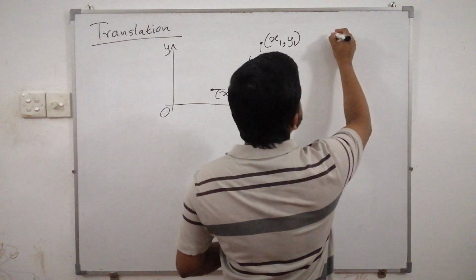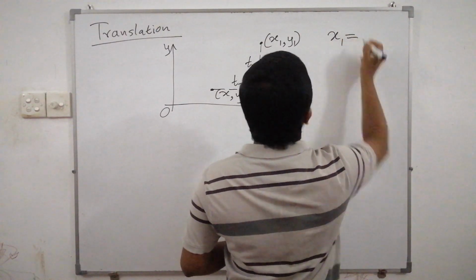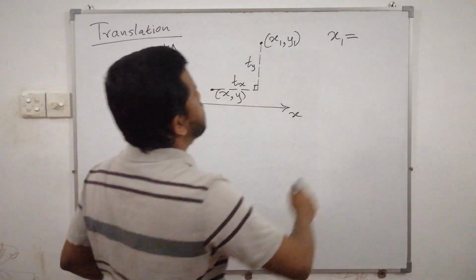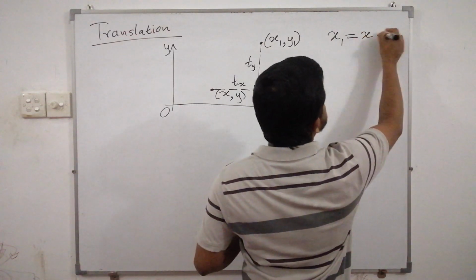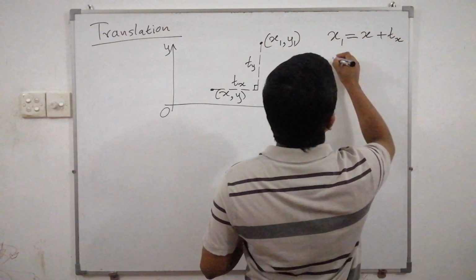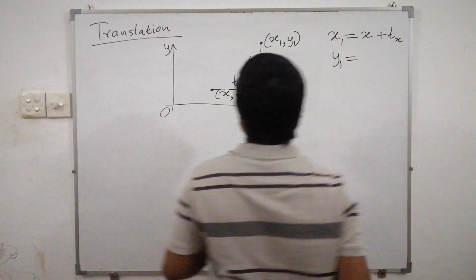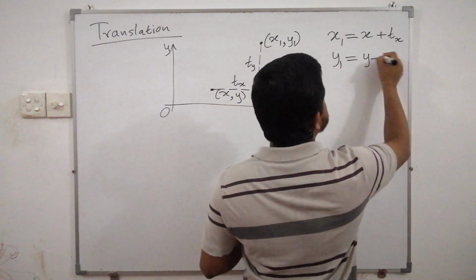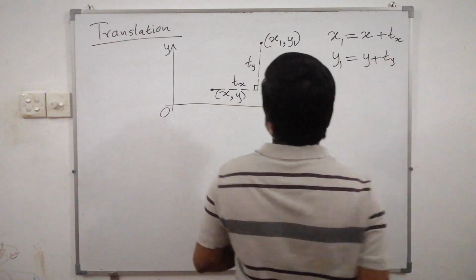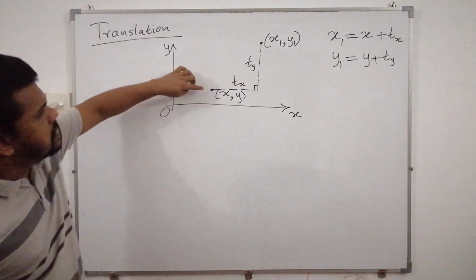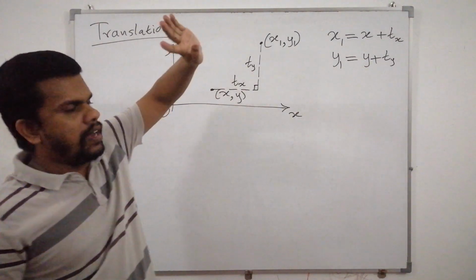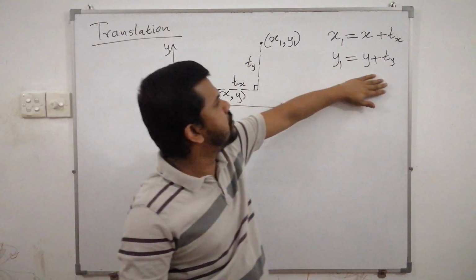So we can write down x1 means x plus tx, y1 means y plus dy. So this point now transforms to this one in this way.